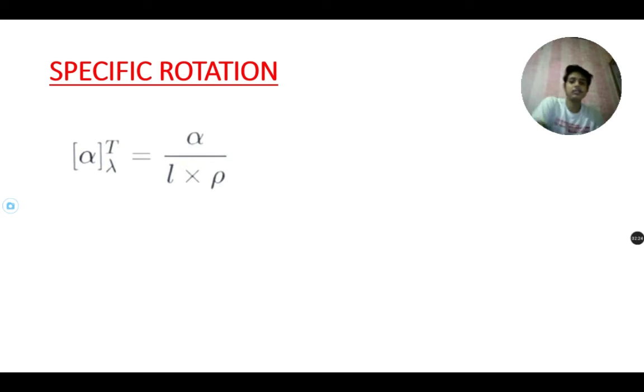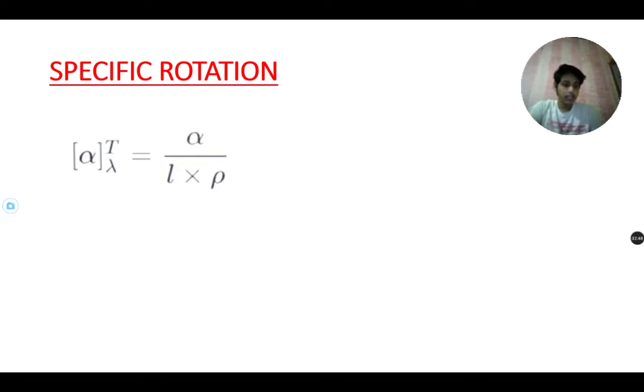Specific rotation is denoted by alpha and the concentration. T is the temperature, I will be telling you about it. Lambda is the wavelength, and L is the tube length, the polarizer length, and here rho is the density or the concentration. So let's first see one concept.